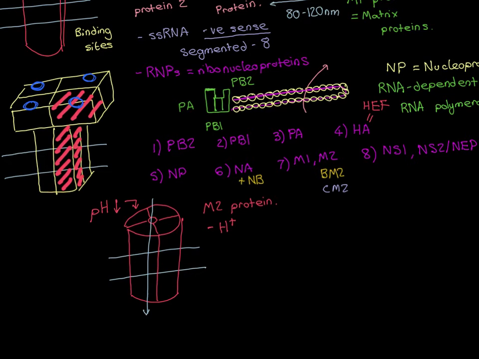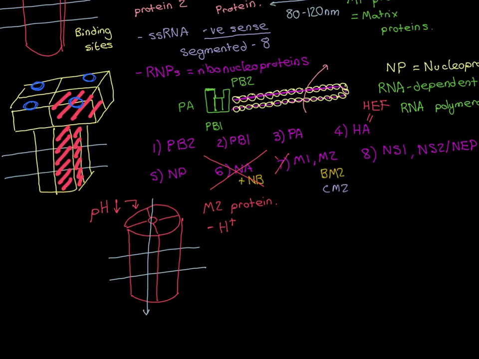Number 6, of course, is going to be modified. We don't have the NB protein, because that's something Influenza B virus has, and we no longer need neuraminidase, so this goes. This is no longer there. That's the one that we're getting rid of, number 6. And therefore, this one is no longer going to be called number 7. It's going to be called number 6. So I might put a cross through that one.